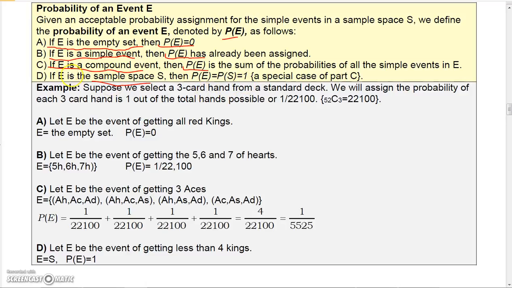So if your event space is the sample space, then the probability of your event is the same as the probability of just getting something from the sample space, which is a 100% sure thing.